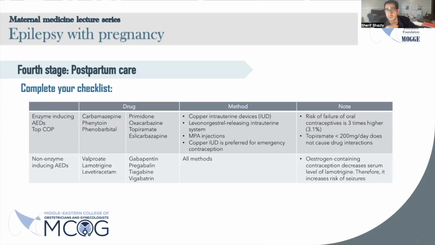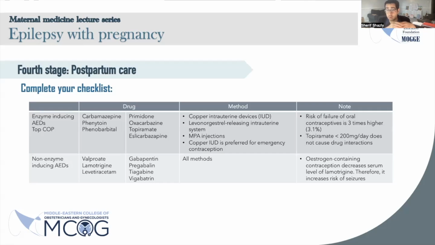And the key here is whether these medications are enzyme-inducing or not, because some epileptic medications are enzyme-inducing, increasing the metabolism in the liver, which will result in a higher rate of breakdown of hormonal contraception, which will result in contraception being at high risk of failure. So it's important to review their medication and see if they are on enzyme-inducing ones or not, because if they are not on enzyme-inducing medication, they can use whatever they want as a contraception.